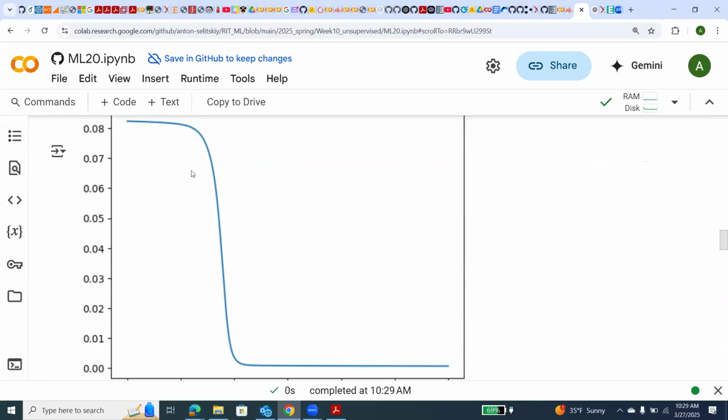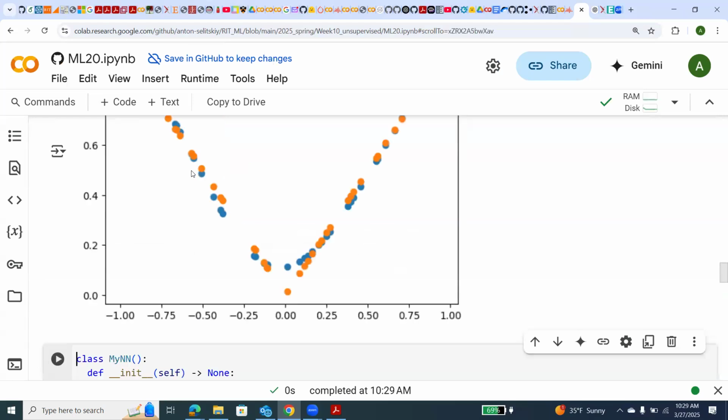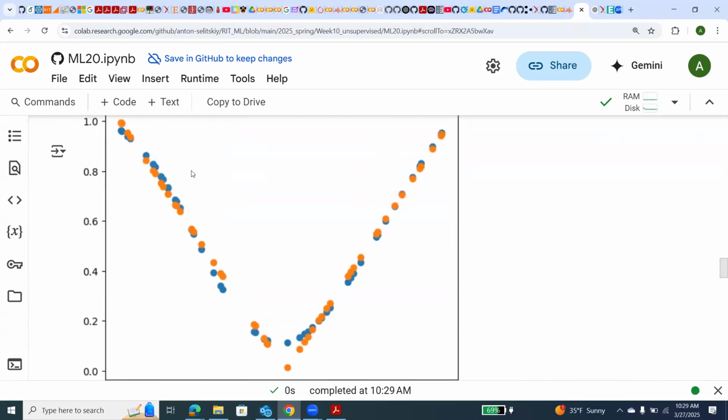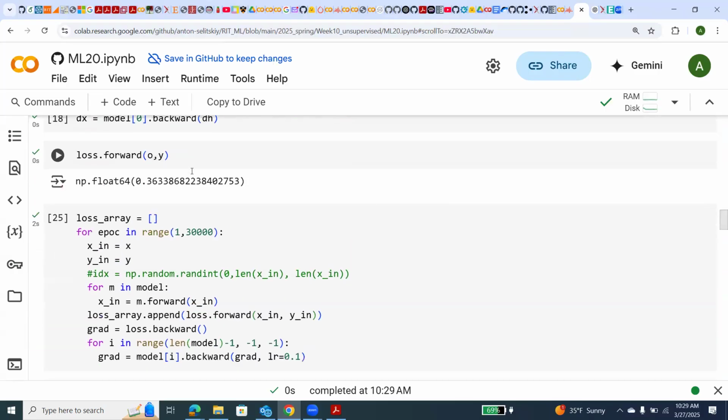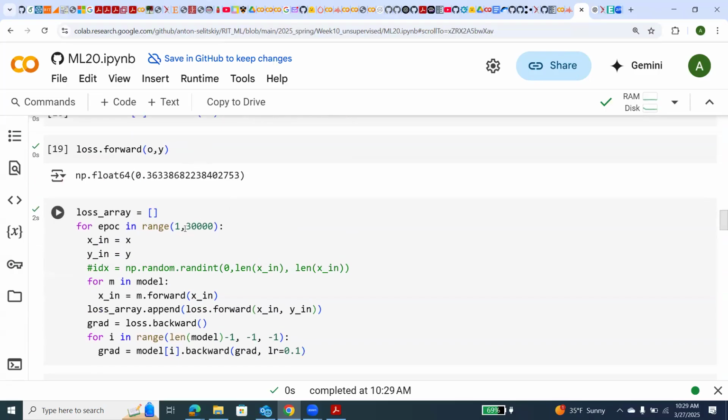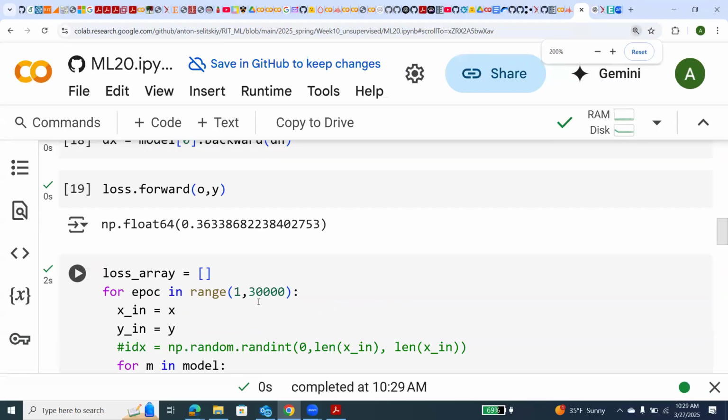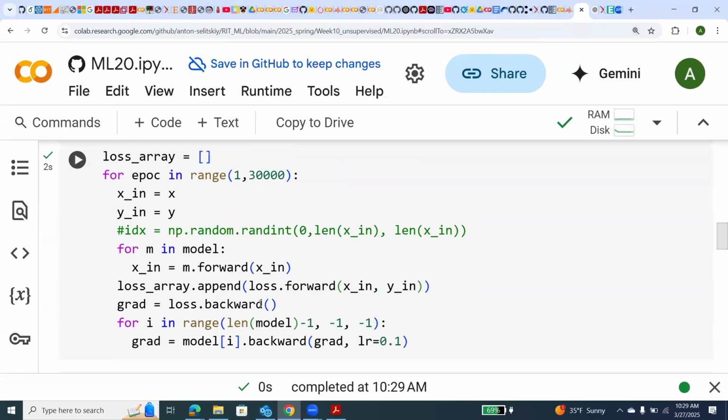And now I believe the output will be better. So from this example, you can see that gradient descent requires a lot of iteration steps. So next week, we also will cover other modifications of gradient descent that work much better and which are used in practice. But for now, we will use gradient descent.